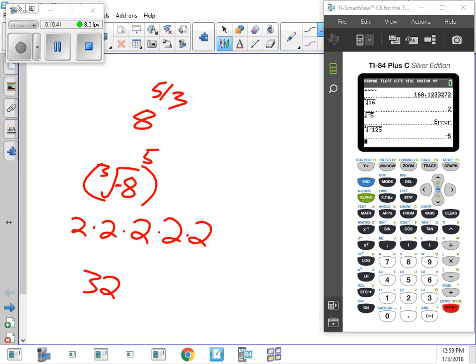What if this 8 was negative? Then that would be negative 32. Why? It's an odd root. If that was an even root, then it would be an i. Okay, we getting the hang of that? That takes care of the first 2 sections. Matched equivalent expressions, you got that. That's pointless. We'll skip that.